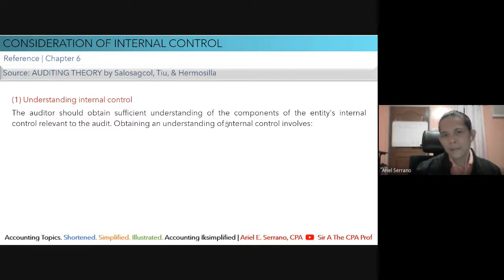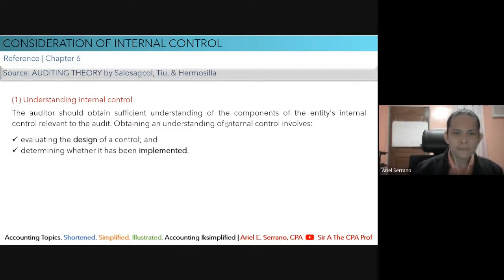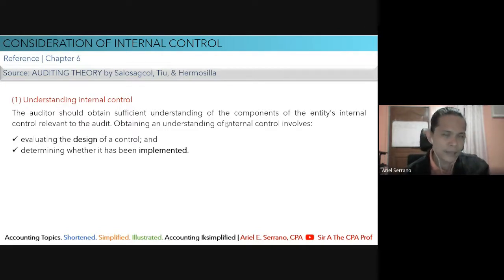Now, obtaining an understanding of internal control will involve the following. Una, we will be evaluating the design of a control. Design, hinighlight natin ito. At pangalawa, determining whether it has been implemented. Evaluation of the design is different from determination whether or not it is implemented.